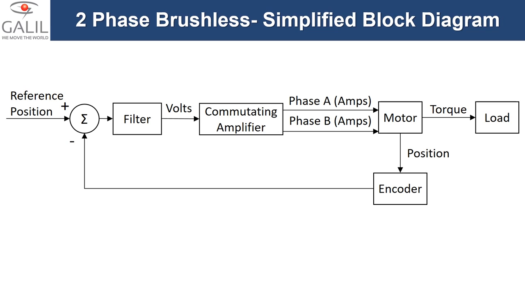First, the controller sets a reference position, which is input into a closed loop filter. This tuning filter will then send a voltage command signal to the amplifier. Conceptually, this looks the same as closed loop microstepping, but the operation is different. In 2PB mode, the driver is now a transconductance commutating amplifier.